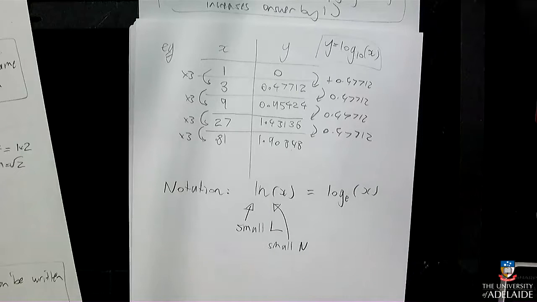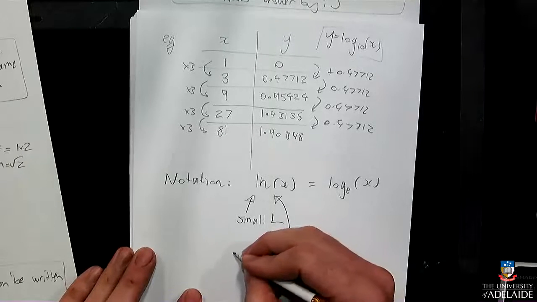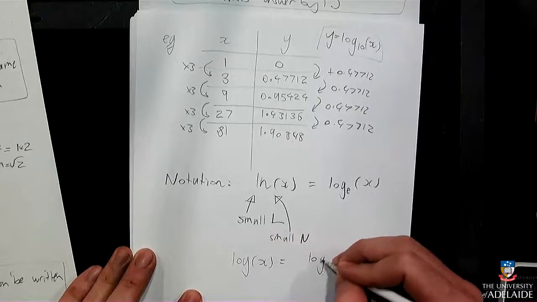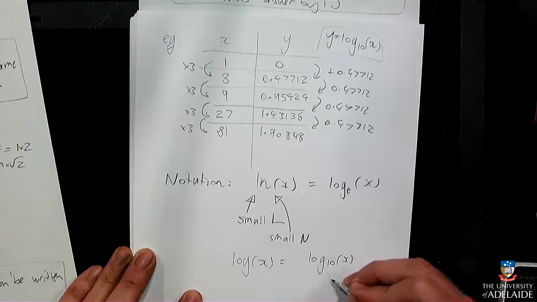So that means that if you want to increase ln x by 1, you should multiply by the number e. Okay? Log x is log base 10 of x in a calculator.